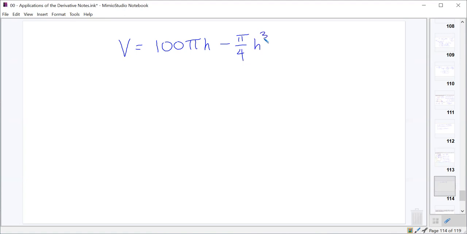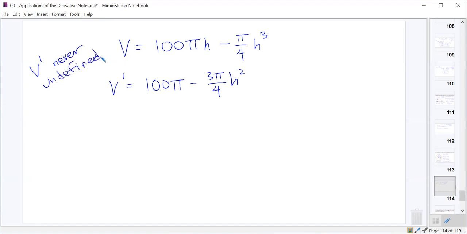And when we go ahead and take that derivative, V prime is going to just be 100 pi, because the h goes away, the derivative of h is 1, and then minus 3 pi over 4 h squared. And we can see this is never going to be undefined, so I'll just make a note off to the side: V prime is never undefined.